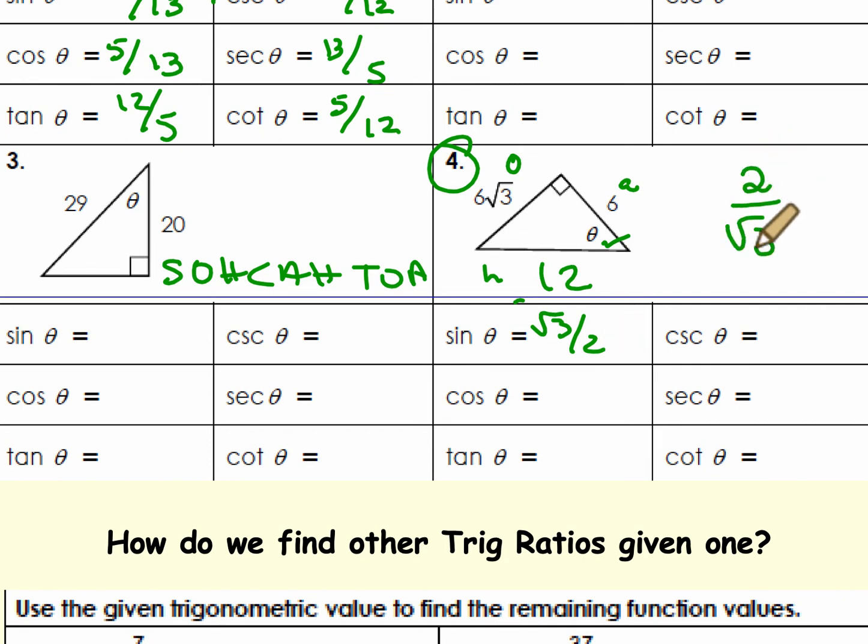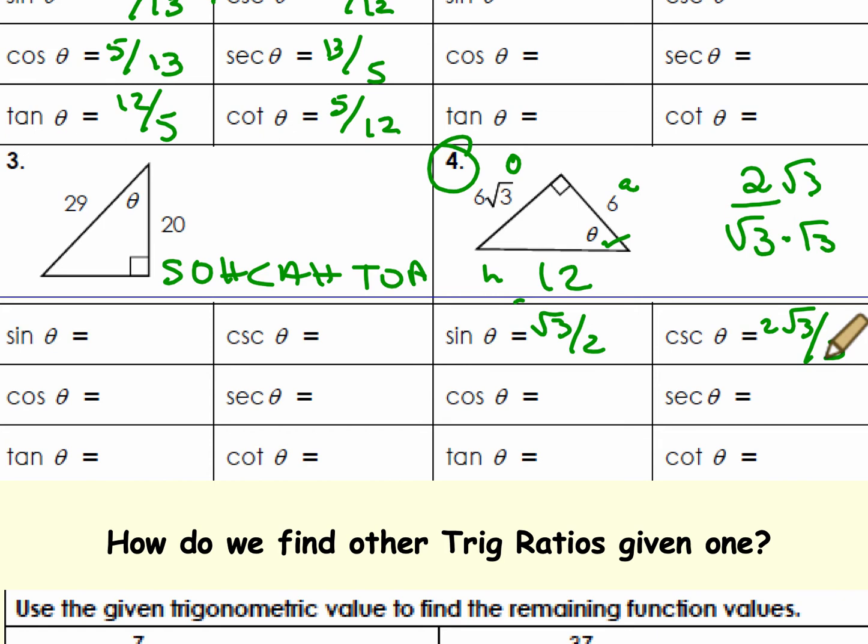But if I have a square root in the denominator, I have to rationalize it. That gives me a cosecant of 2 square root of 3 over 3.